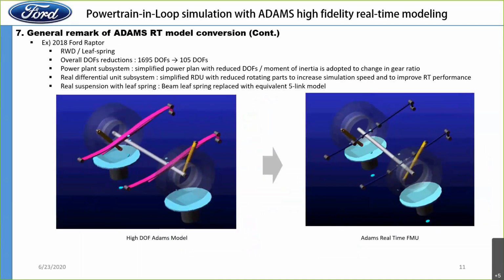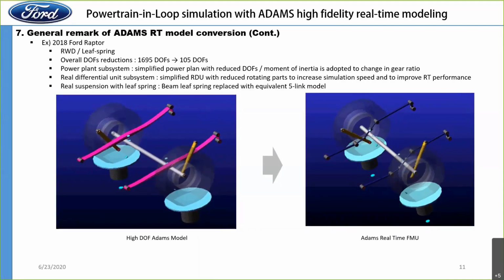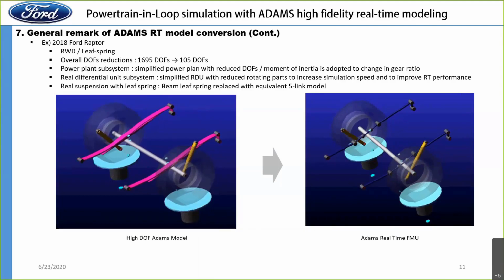Here's an example of how to reduce the degrees of freedom of the Adams leaf spring model. The typical Adams leaf spring model is very high fidelity with a lot of elements in there.